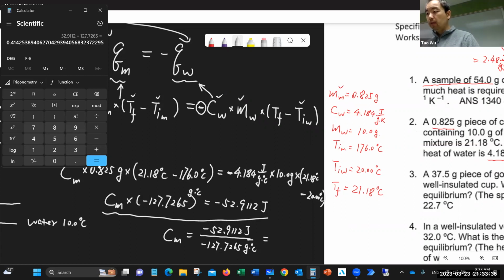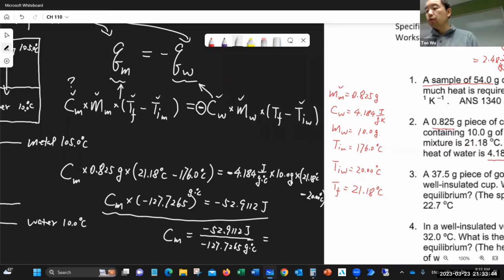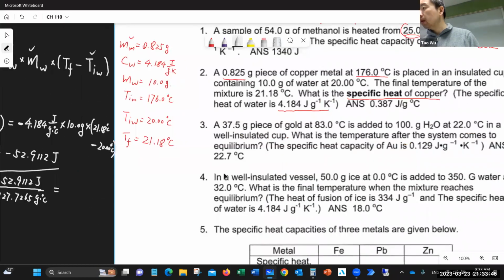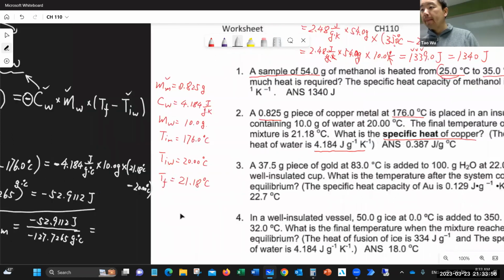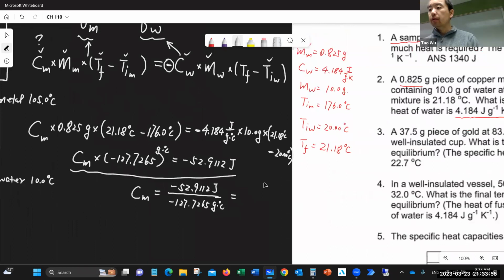Wait, let me double check. Did I do wrong somewhere? The answer shouldn't be 0.4 something, it should be 0.38. Where did I go wrong? Okay, let me just calculate that one more time.